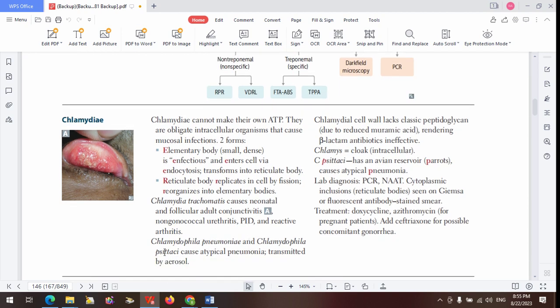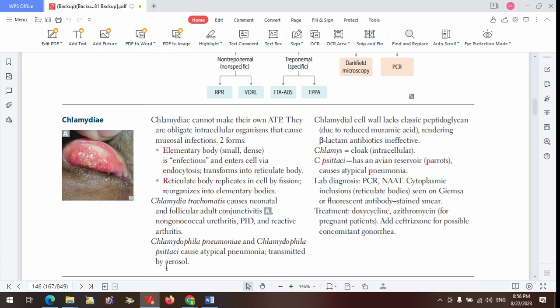So what are the other species of chlamydia? Chlamydophila pneumoniae and Chlamydophila psittaci. Chlamydophila pneumoniae is one of the causes of atypical pneumonia. This is pneumonia caused by an organism outside the normal Klebsiella pneumoniae and Strep pneumoniae, atypical. We are going to talk more about the atypical guys later.